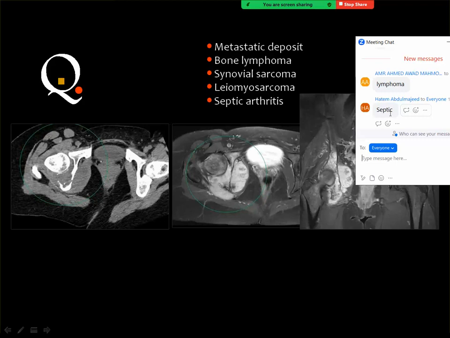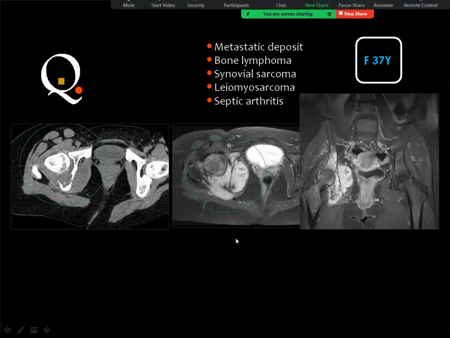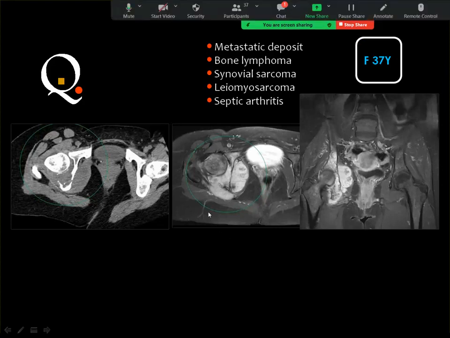Lymphoma, septic arthritis, these are the provided answers. Mets, another suggestion. Okay, all that I intend from presenting this case is to teach you how to handle the differential diagnosis of a mass.